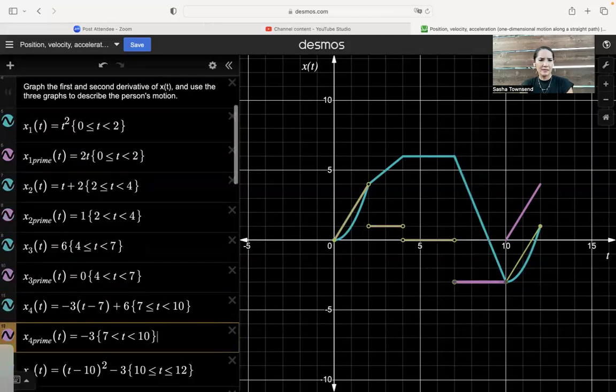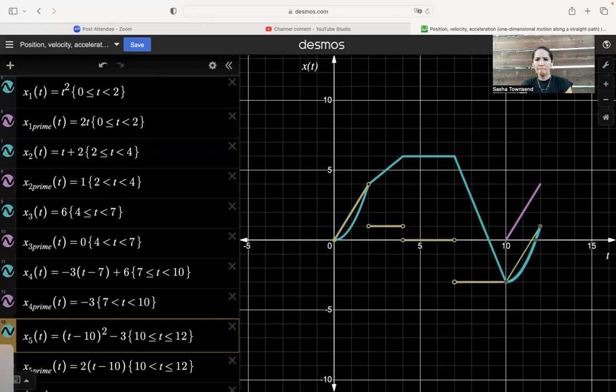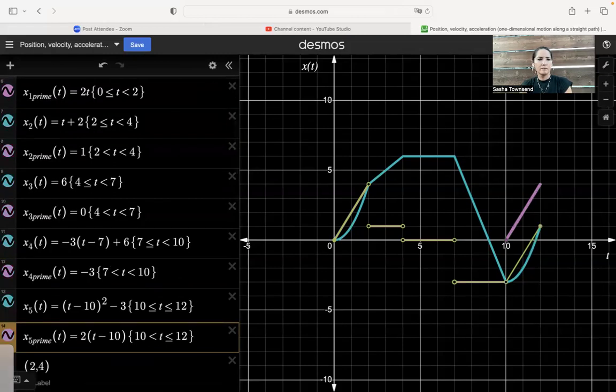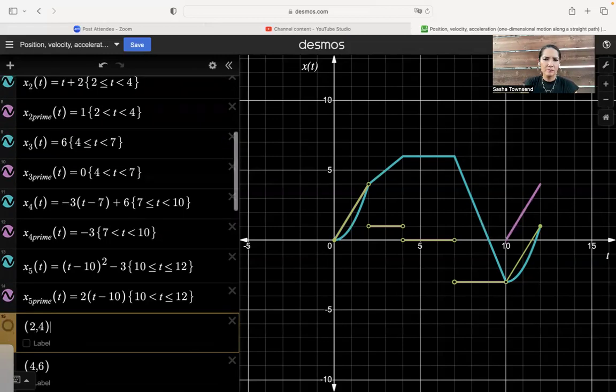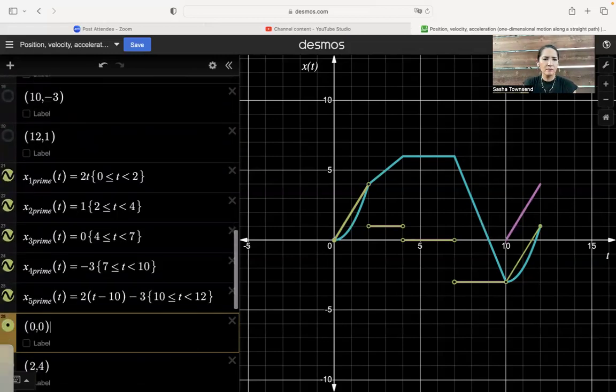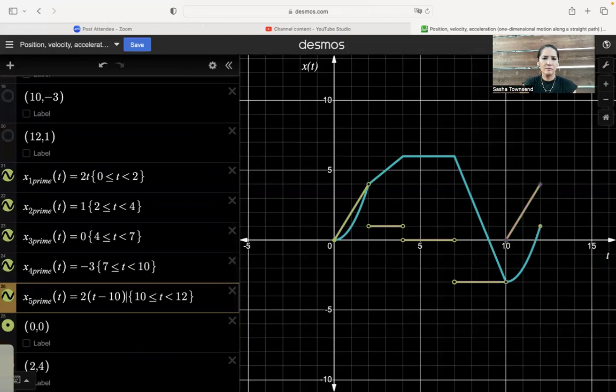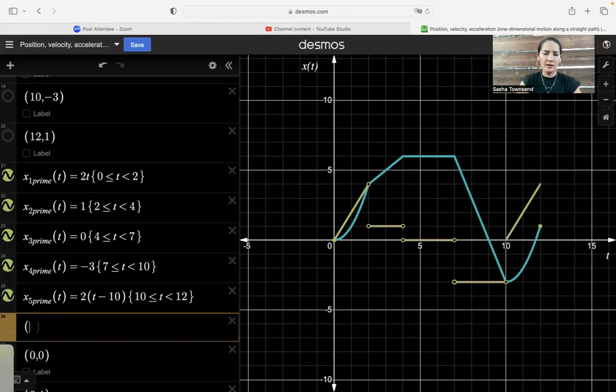Looks like I made a mistake somewhere. Yeah, this isn't correct. Slope is 0 there, so it should be this one. And that means the point 10, 0 needs to be on our graph as well.